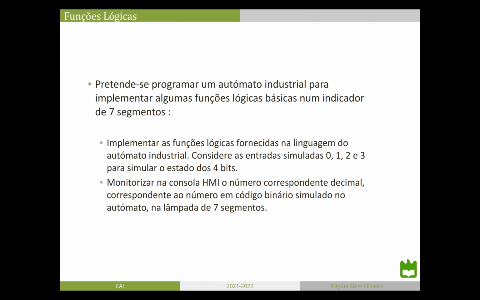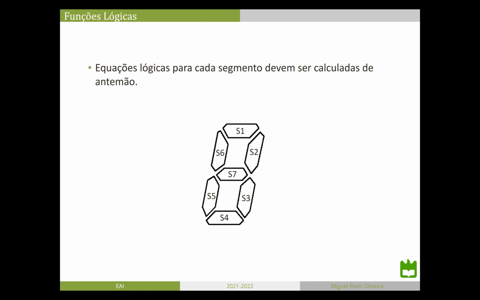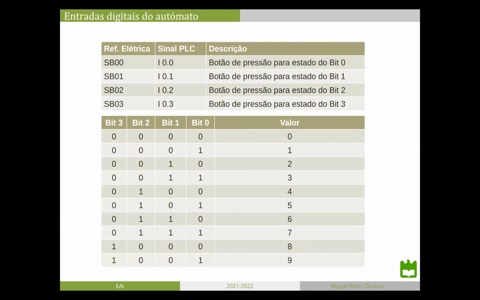So, you can see here the 7 segments. For example, this is an example. And you have to, of course, compute the logical equations. And this is the specification of your assignment.